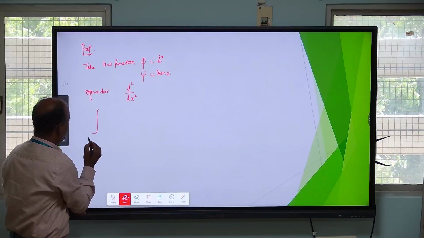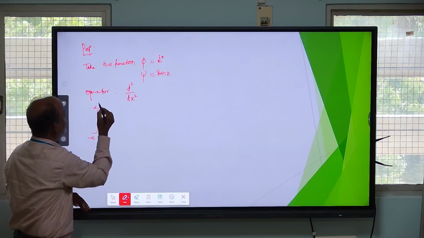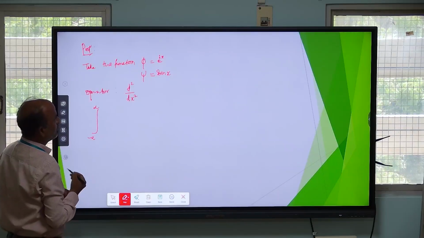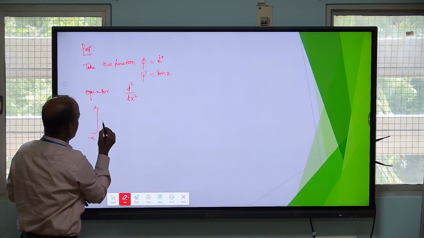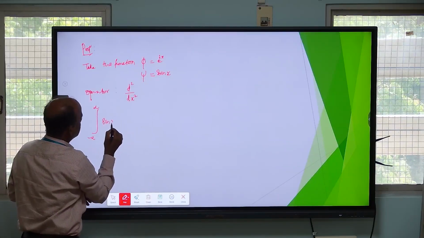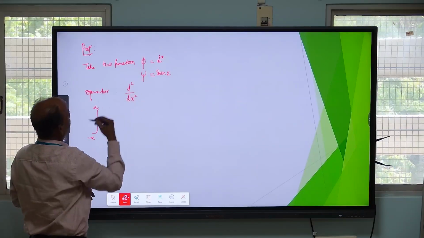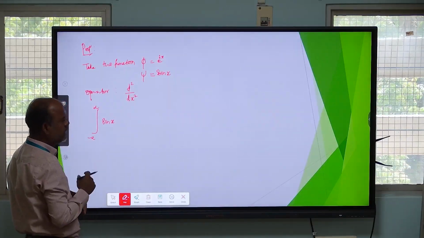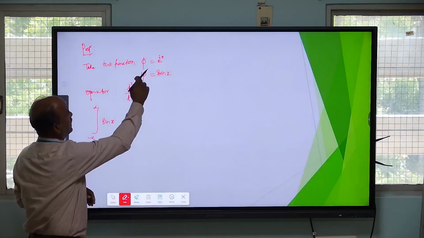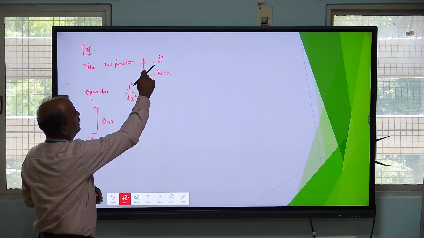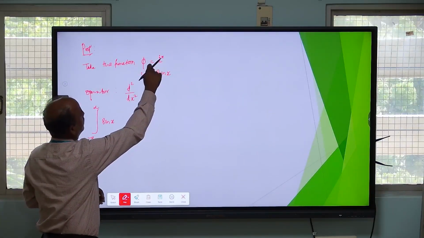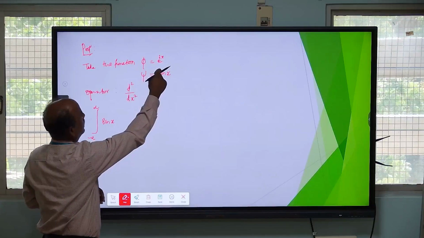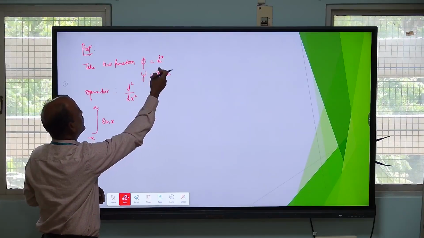where you take psi star as sin x alone. Psi star is nothing but the complex conjugate of psi; if any complex number is present, then i becomes minus i, or plus becomes minus, or minus becomes plus.